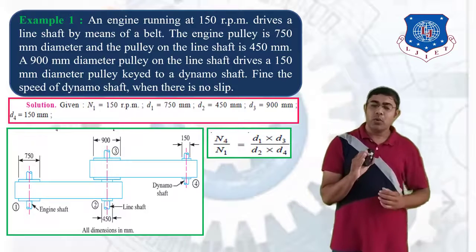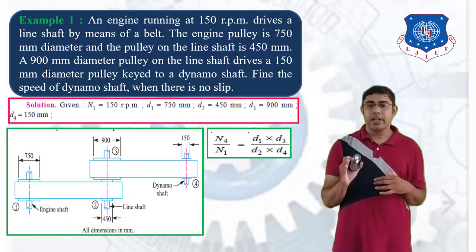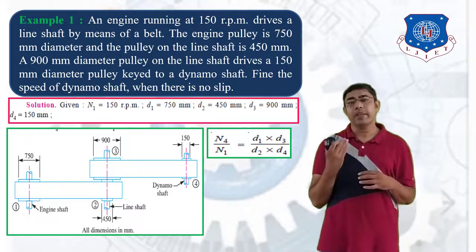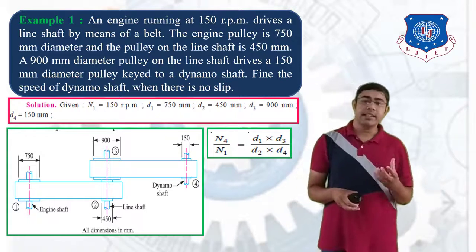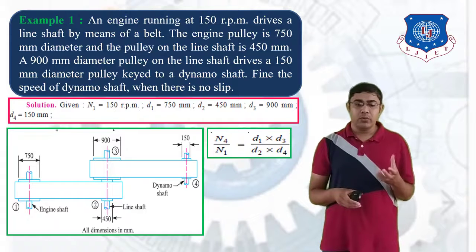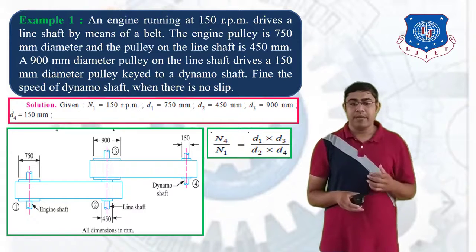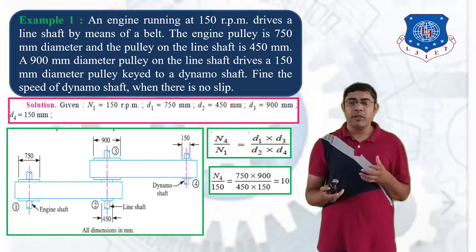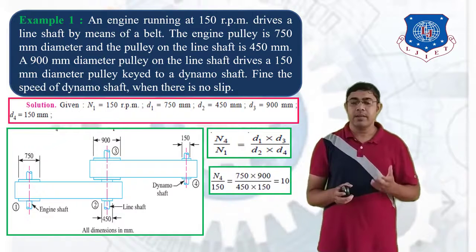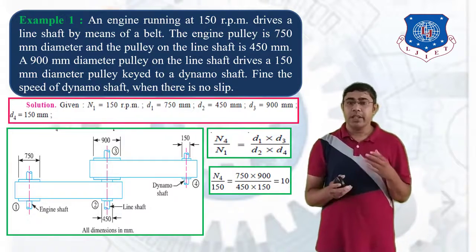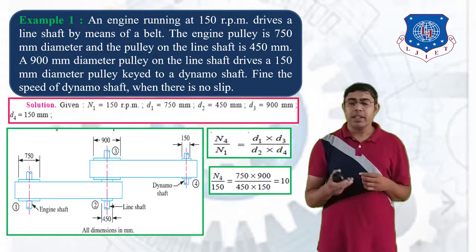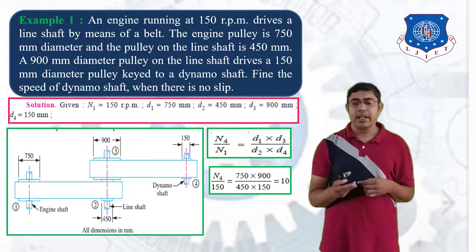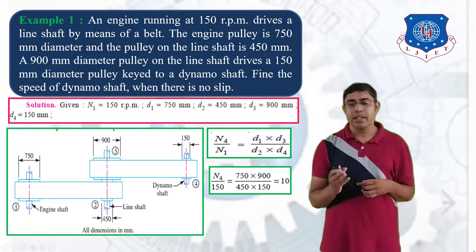Here we have all the values D1, D2, D3 and D4, and also the value of N1, the speed of the engine shaft, which is given as 150 rpm. So if we place all these values in this equation, N1 is 150 revolutions per minute, D1 is 750 mm, D3 is 900 mm, D2 is 450 mm, and D4 is 150 mm.